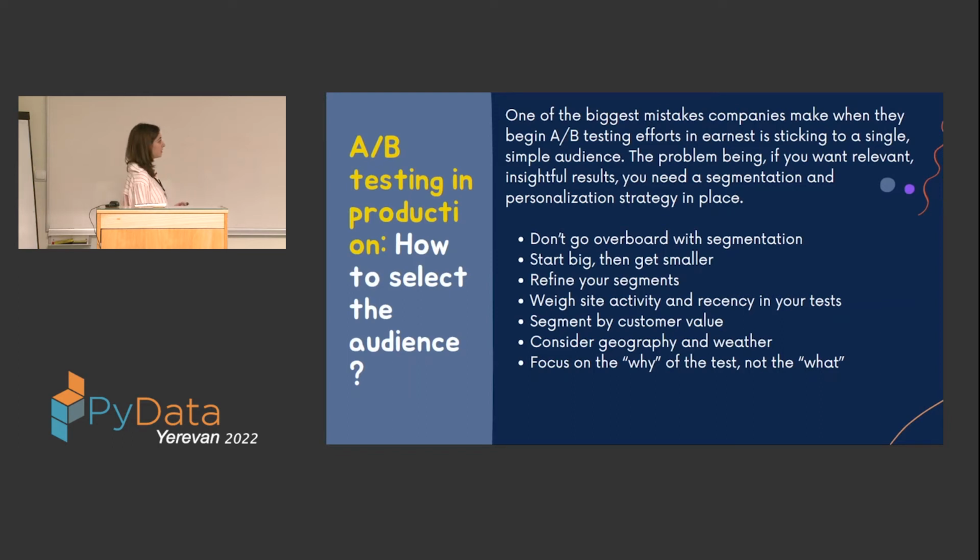So some tricks from production, from product companies. Don't go overboard with segmentation. For example, you have a recommender system where you only know that your audience is women. You can show some men's items close to them to experiment with what to show them.